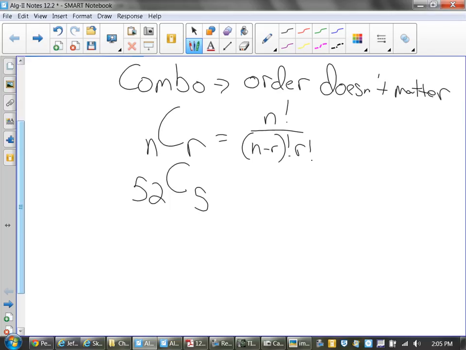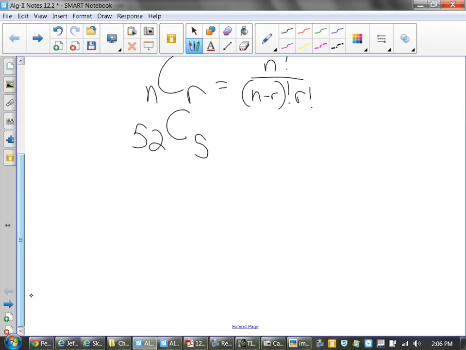Remember what factorial means? It's like 1 times 2 times 3. If it's 5 factorial, it's 5 times 4 times 3 times 2 times 1. So in this case, it would have been 52 factorial over 52 minus 5 factorial, and then 5 factorial.